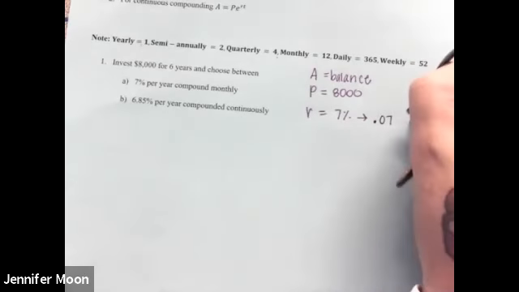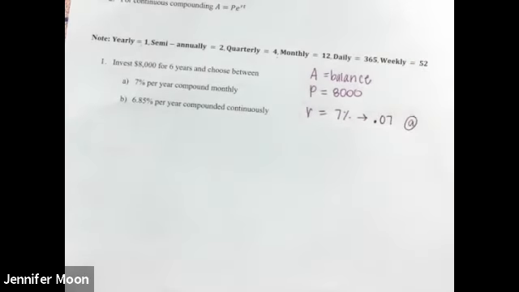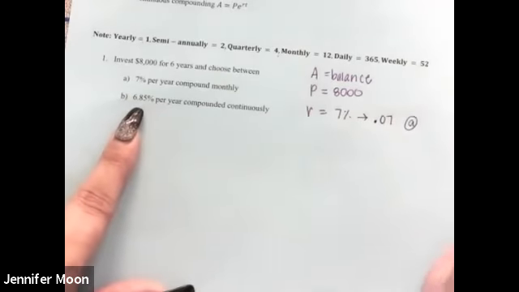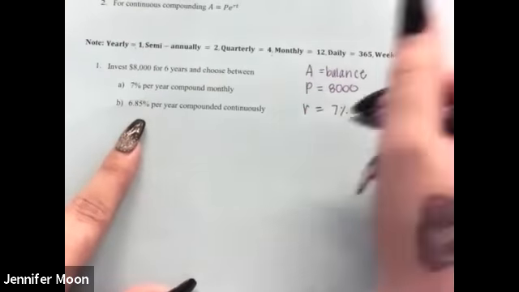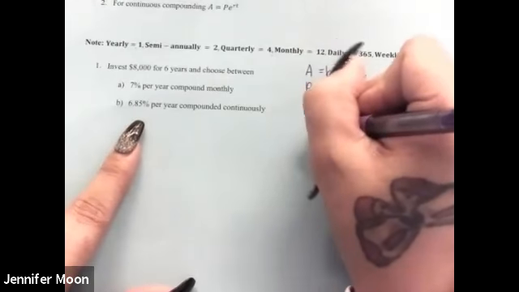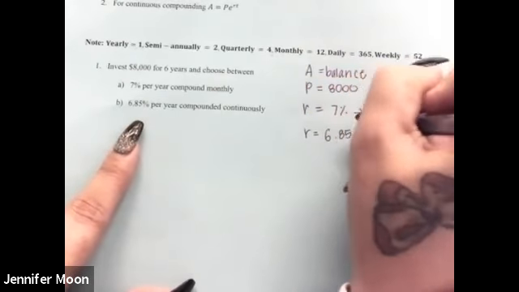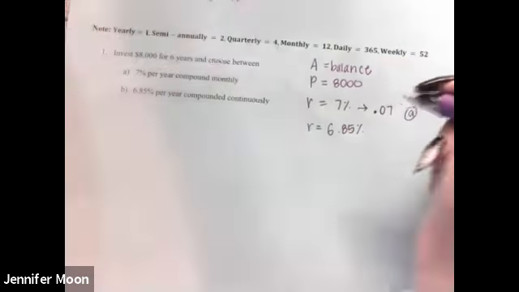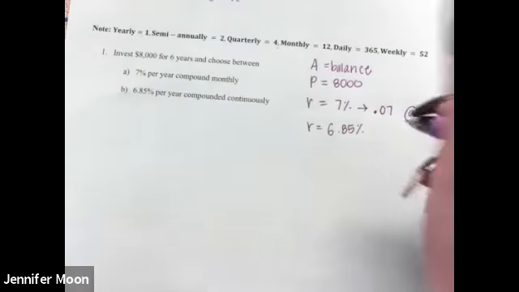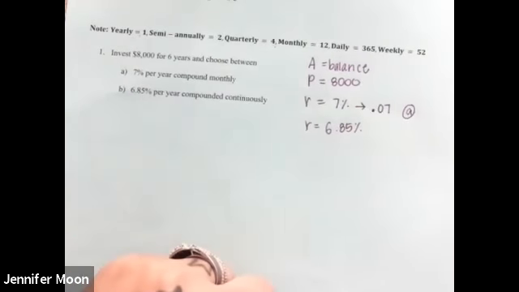Do y'all agree with me? This is for my A part of the problem, right? That's this one. I'm going to go ahead and solve it right here for the B part of the problem. For B, I'm going to have a rate of 6.85%. I'm literally just doing this for time. In your own work, maybe just find each thing separately. 6.85%, move your decimal twice.